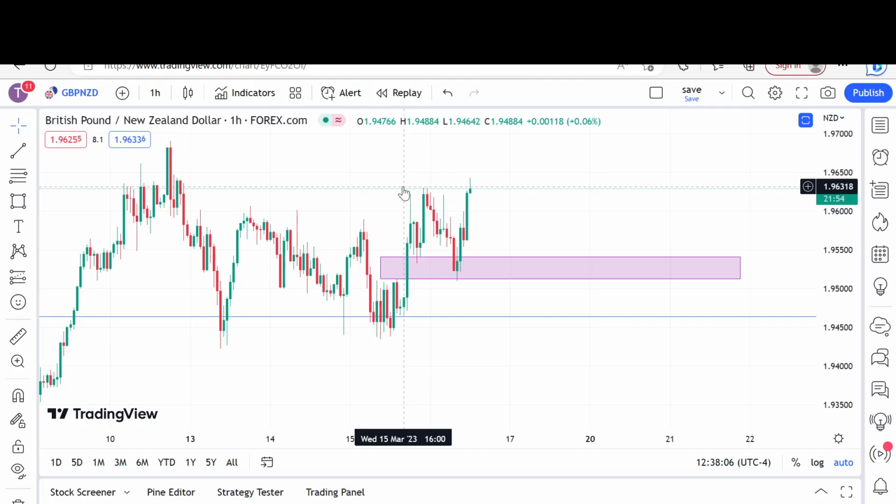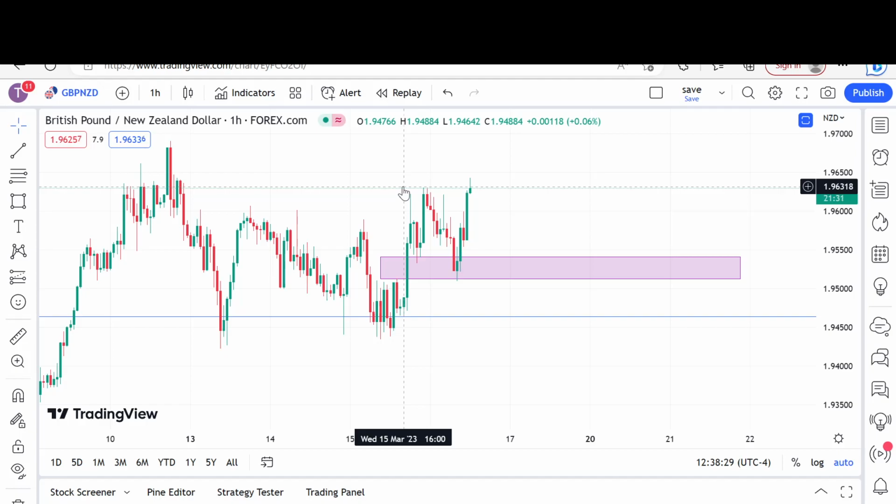And I've had an individual on a few of my previous videos and on Twitter ask, is it best if price doesn't take out previous day's highs? And the answer to that question, as I've already said, is yes. It is absolutely higher probability when that level is left untouched, when that buy side liquidity is left untapped.